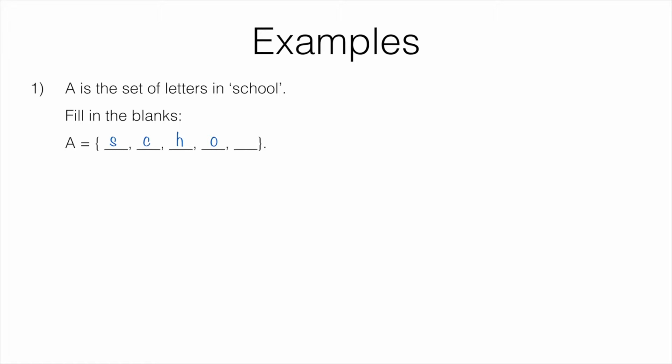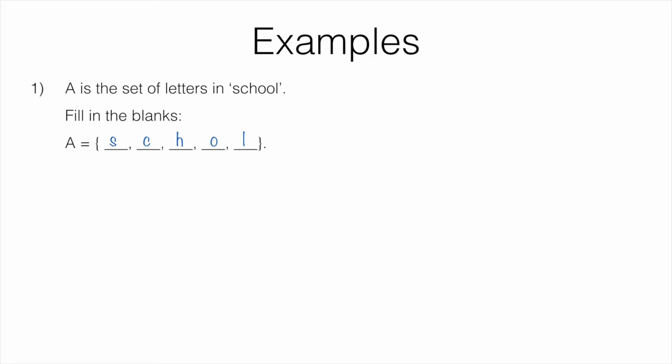Well, I actually don't need to include it again because I've already got the letter O, so there's no need to repeat an element of a set. That means I can complete the question simply by popping in the letter L there. So this is the set of letters in the word school. Notice I don't need to repeat any elements, so the O only appears once.